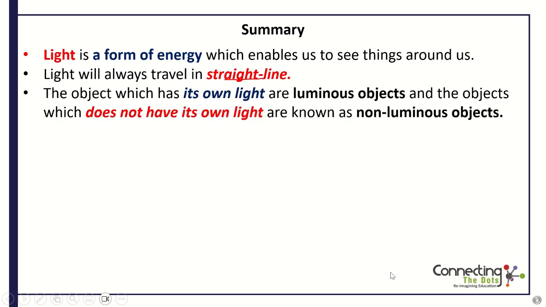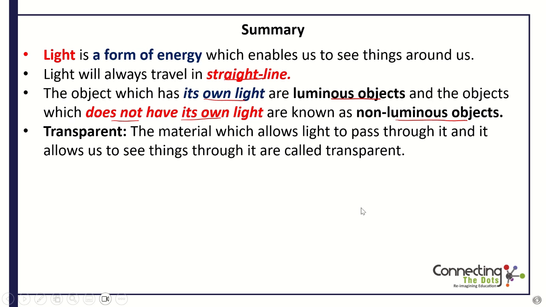Now, we have learned about luminous and non-luminous objects. The objects that emit their own light are known as luminous objects, and objects that do not have their own light are non-luminous objects. An example of a luminous object is the sun, stars. Examples of non-luminous objects are the moon, tables, chairs, etc.